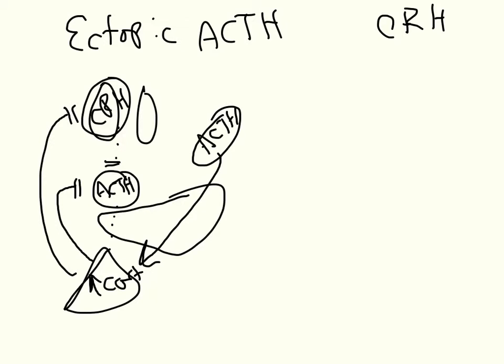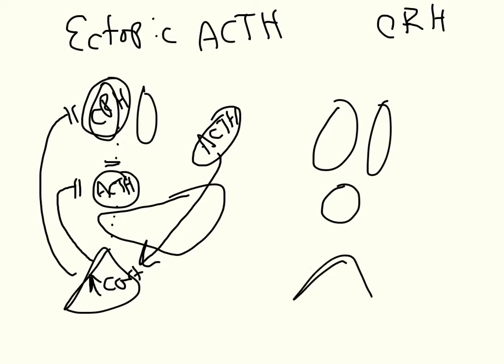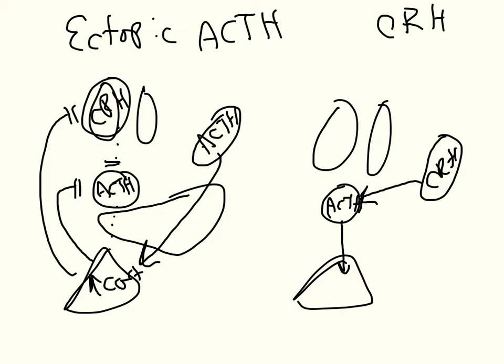Then with ectopic CRH, you have your hypothalamus, your anterior pituitary, your adrenal gland, and you have your extraneous source of CRH. CRH is going to upregulate ACTH, and ACTH is going to upregulate cortisol, or I'll just say glucocorticoids. It's also going to upregulate the androgens.